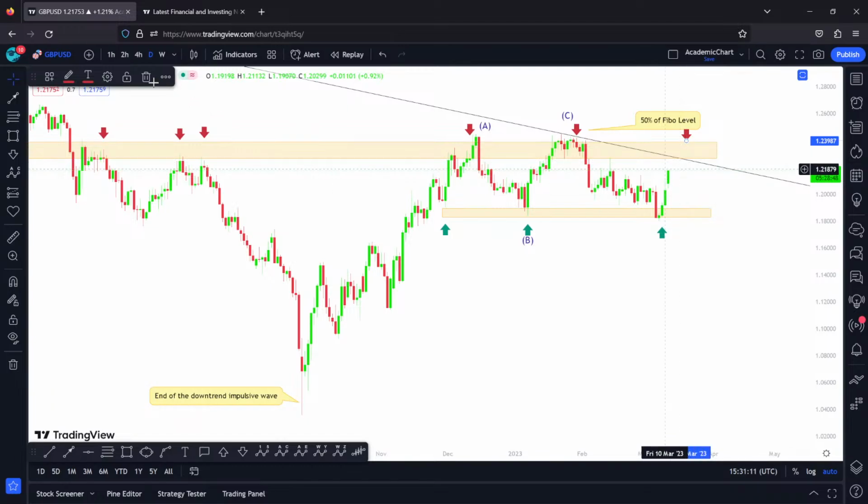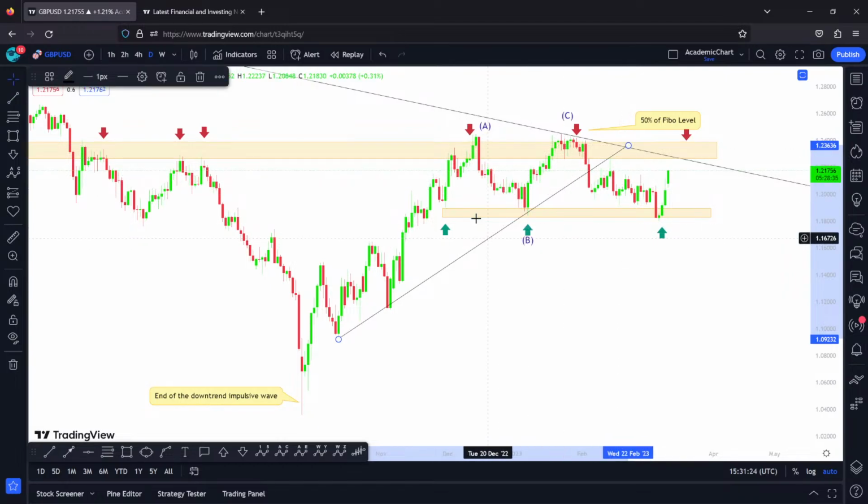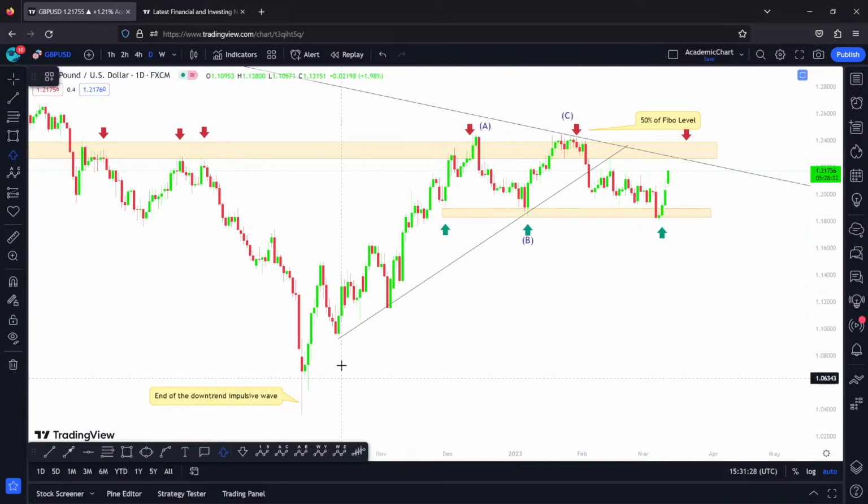So here we can see, I forgot to add another line to this chart. Let me just quickly do that. You can see that one of those reversal points that I missed in the previous analysis is that we had this main uptrend that we discussed, but it broke and was also retested.